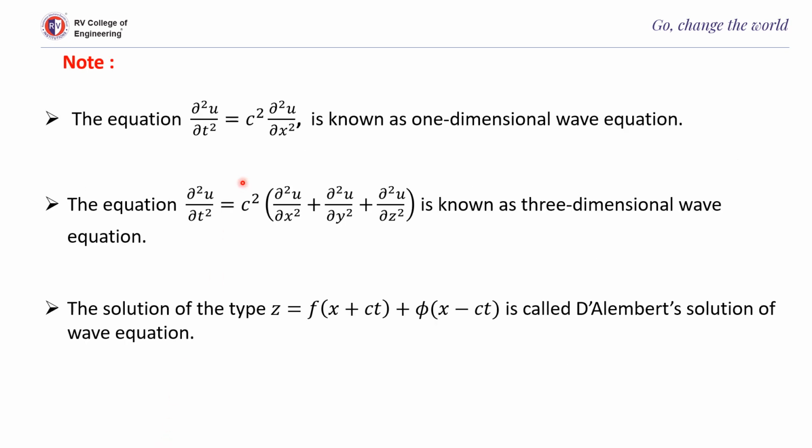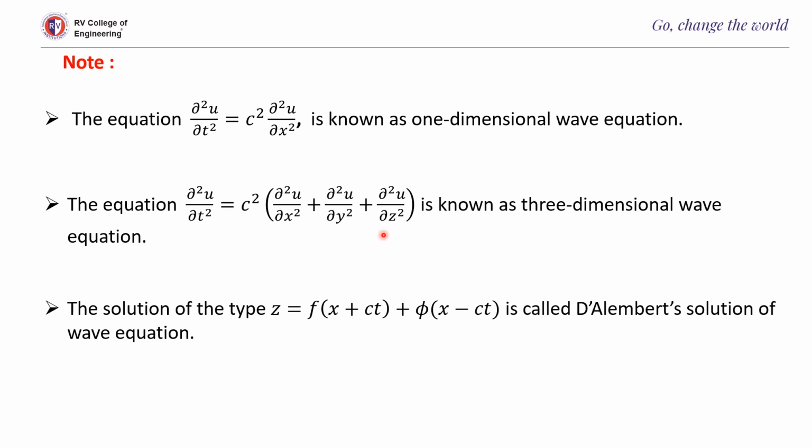Now observe the partial differential equation dou square u by dou t squared equal to c squared dou square u by dou x squared. This partial differential equation is known as the one-dimensional wave equation. Similarly, if I generalize, the same equation can be written in 2 or 3 dimensions.